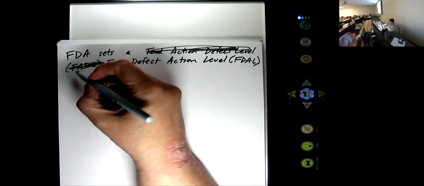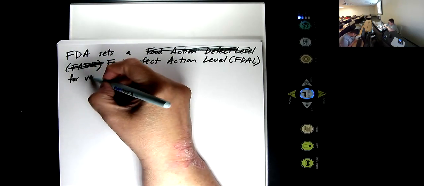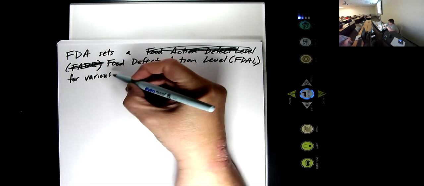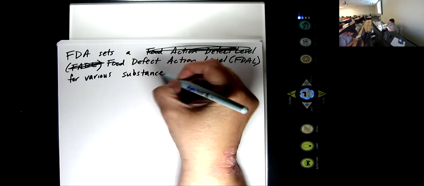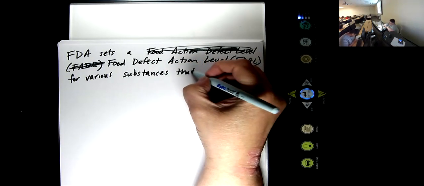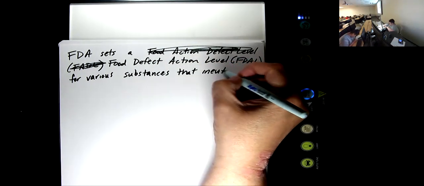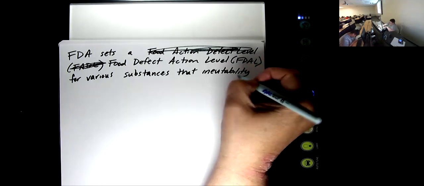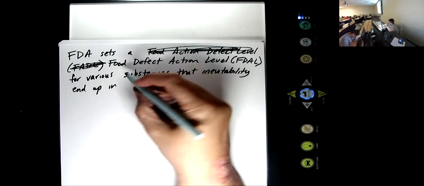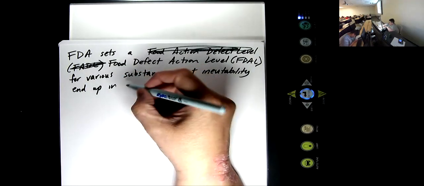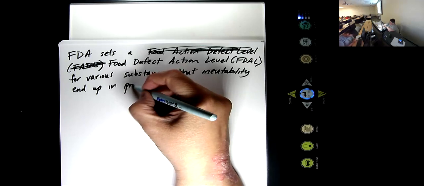And this is for various substances that inevitably end up in processed foods and drinks.